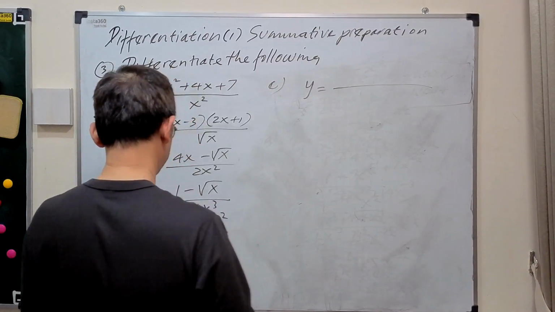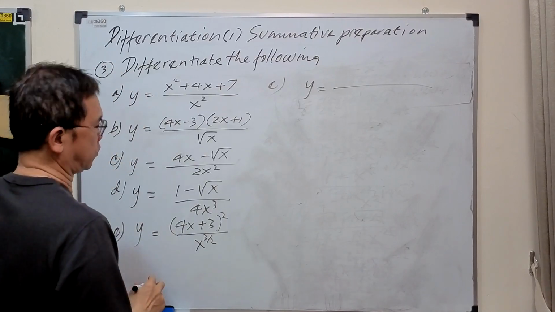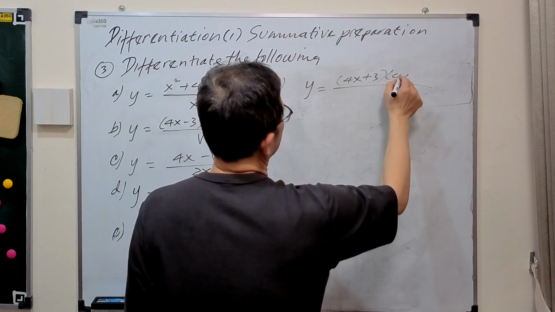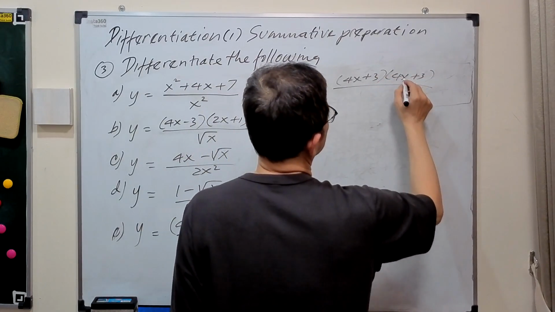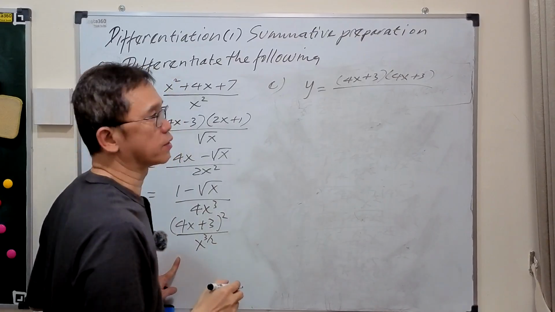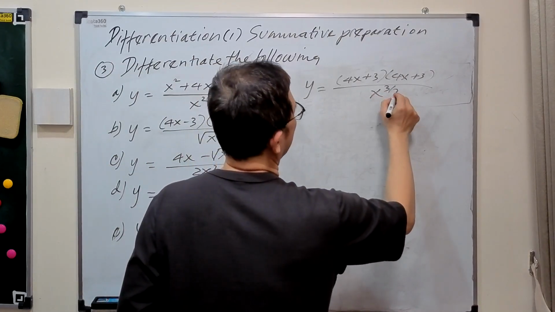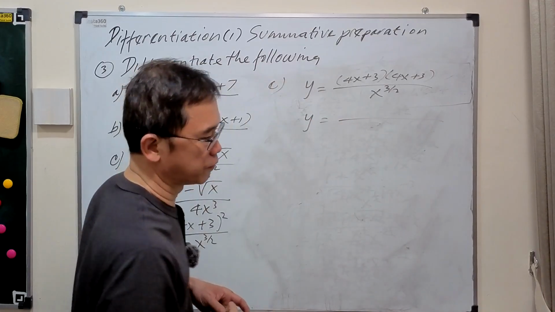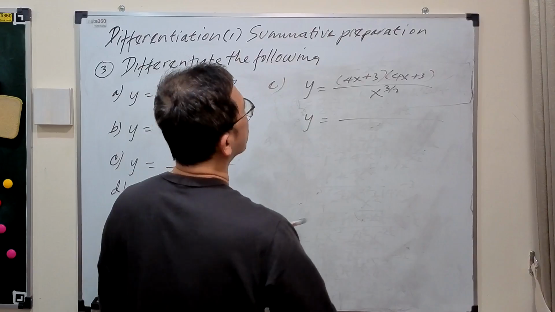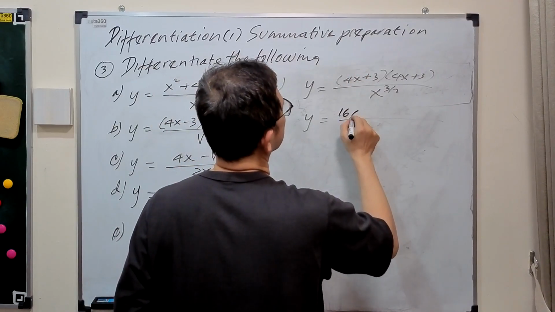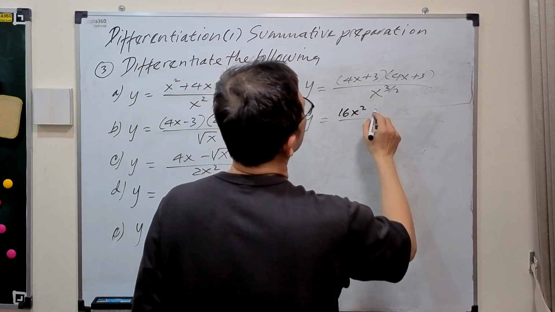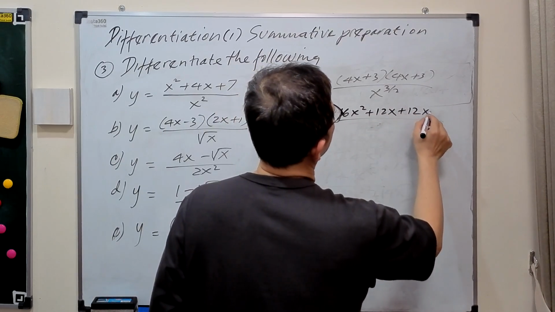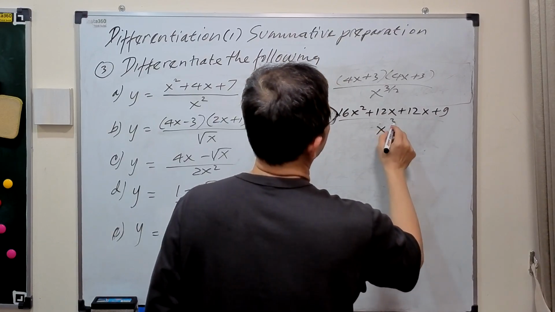How to expand this? 4x plus 3, this is the easier method, by using rainbow multiplication, over x to the power of 3 over 2. This will be 16x squared, and then plus 12x plus 12x plus 9, over x to the power of 3 over 2.